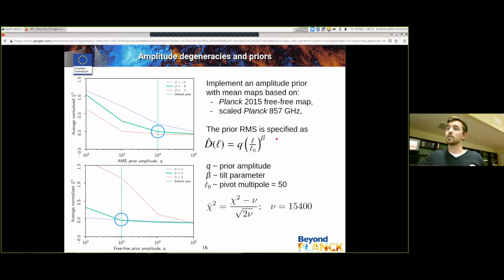In the case of free-free, which has a lot more fine structure, we need to allow for a higher RMS at higher multipoles, and therefore the prior that we use, marked here in the green intersection of the lines, shows that we use a beta of 2 for free-free, while a flat prior for the AME component. These priors are chosen so that at high multipoles, where we have small signal to noise, we don't see a large increase in the chi-square when we apply these priors.